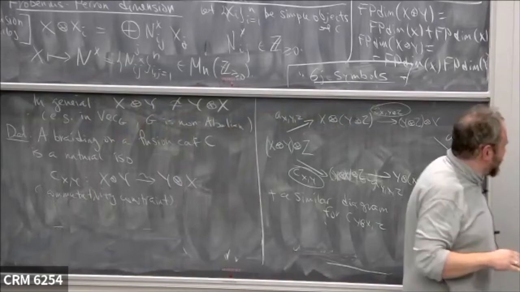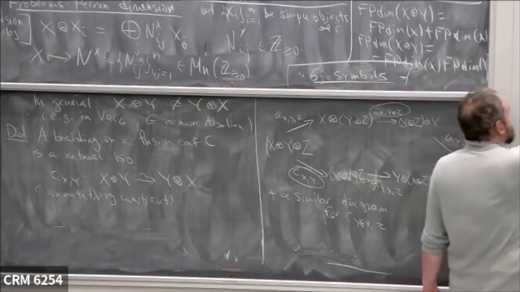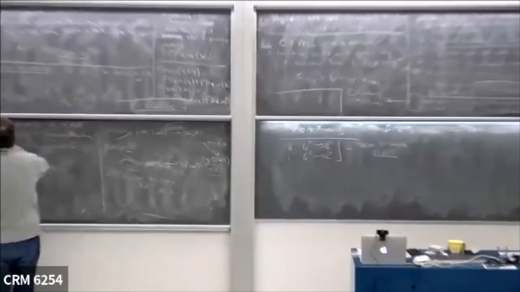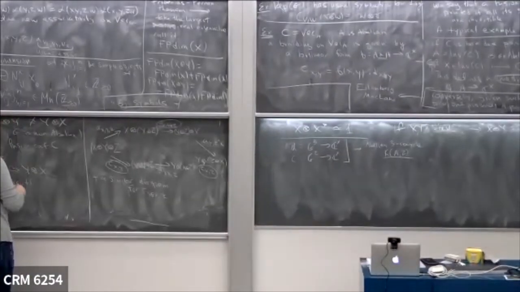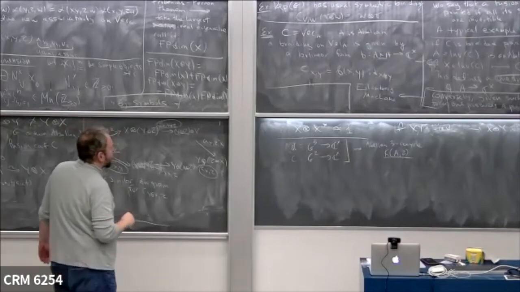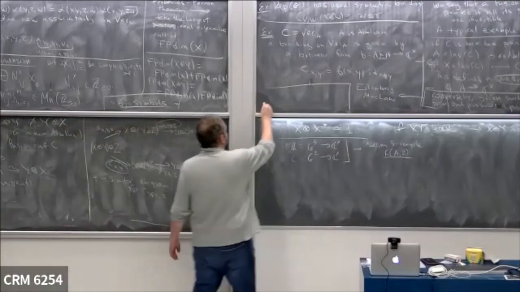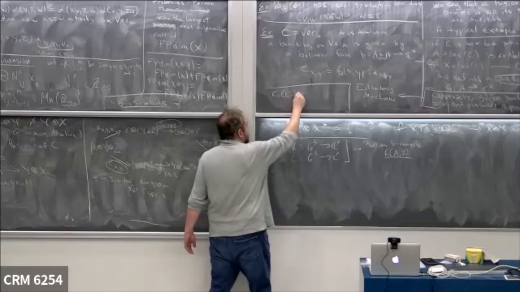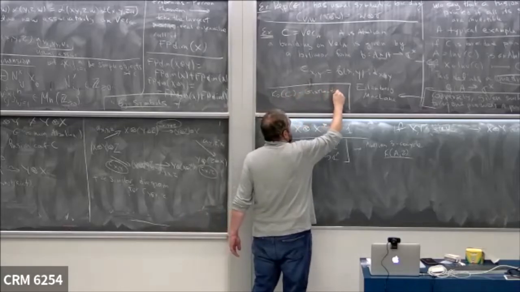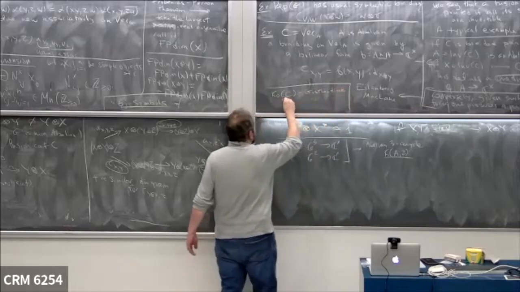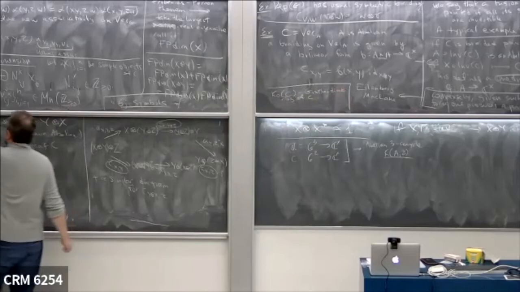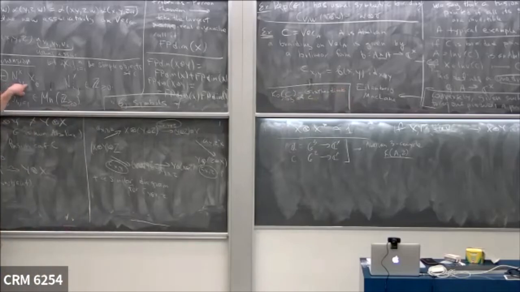Well, we should give this a name. These fusion rules put together form a ring called the Grothendieck ring of C. It has a basis consisting of simple objects, with the tensor product and direct sum.